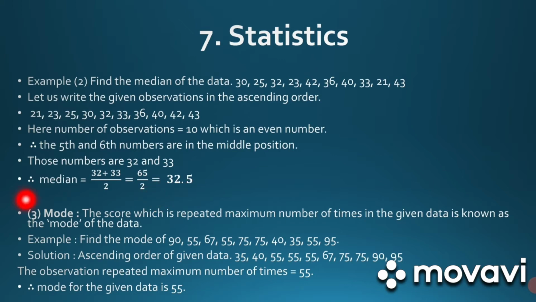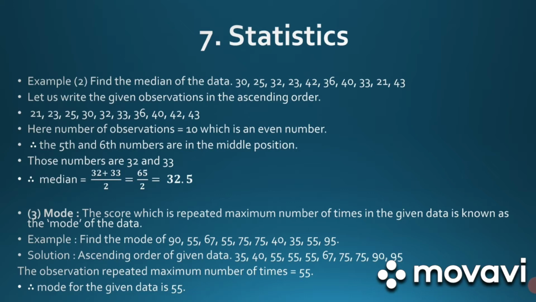Let us study the next measure of central tendency, which is mode. The score which is repeated maximum number of times in the given data is known as the mode of the data. For example, find the mode of 90, 55, 67, 55, 75, 75, 40, 35, 55 and 95.